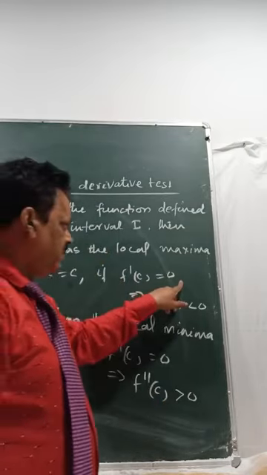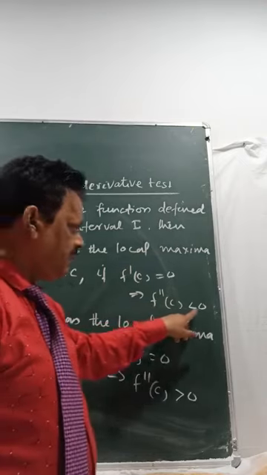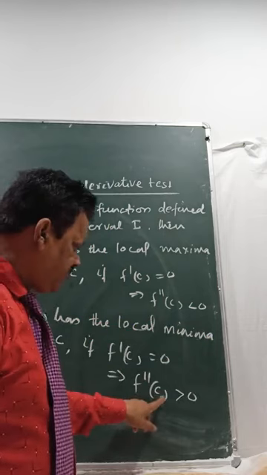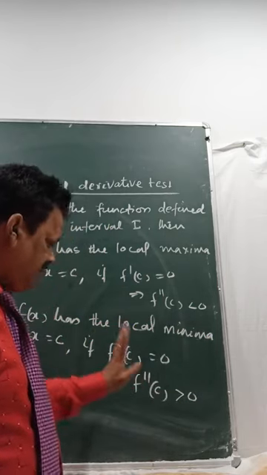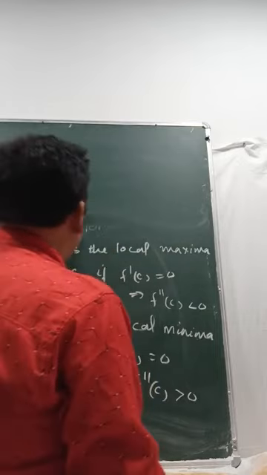So for a maximum value the second derivative should be negative, and for a minimum value the second derivative should be positive at the point c.